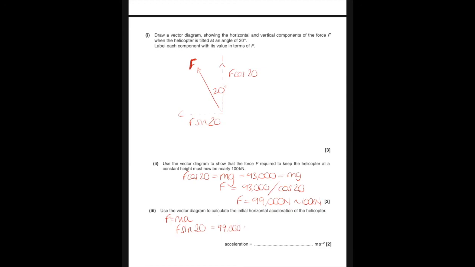So F sine 20 is 99,000 multiplied by sine 20, which gives us 33,859 newtons. So that is the resultant force on our helicopter horizontally. That is equal to mass times acceleration. So the acceleration is this resultant force, 33,859, divided by its mass, and that comes out at 3.56 meters per second squared.